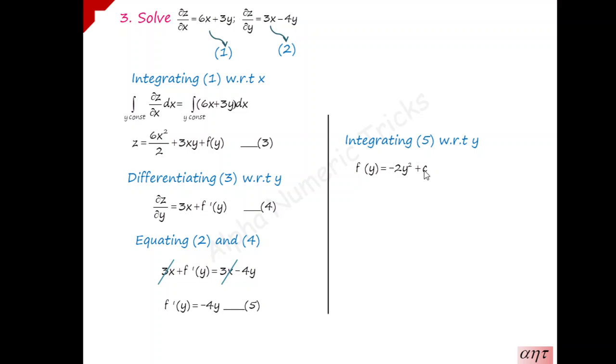That's why we are putting the constant of integration as c alone. Substituting this in 3, then you have z is equal to, 6 and 2 get cancelled, 3x squared plus 3xy plus f of y replaced by minus 2y squared plus a constant, which is your required solution of the given partial differential equation.